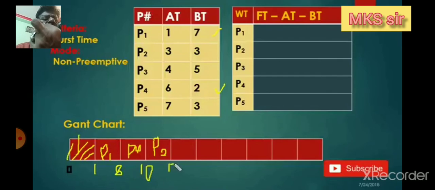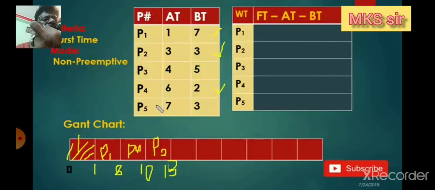P2 requires a total burst time of 3, so from 10 plus 3, that is 13, P2 has completed its task.